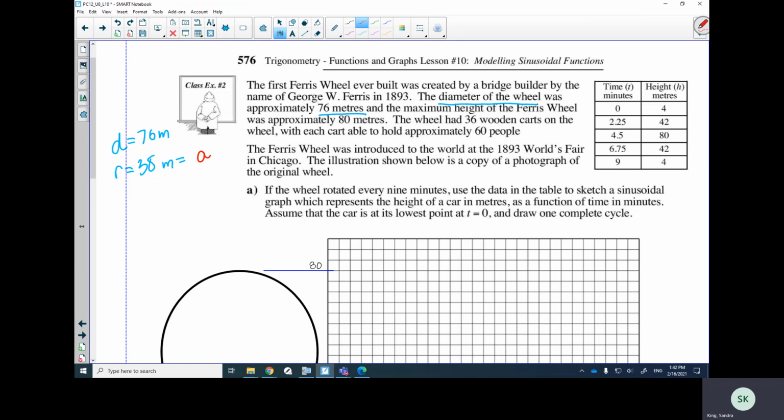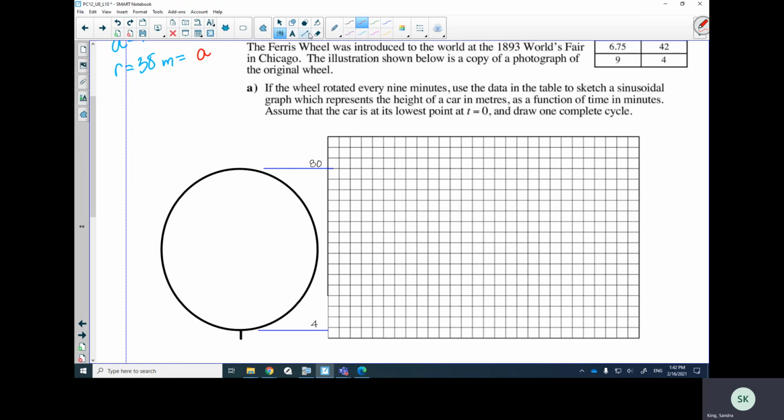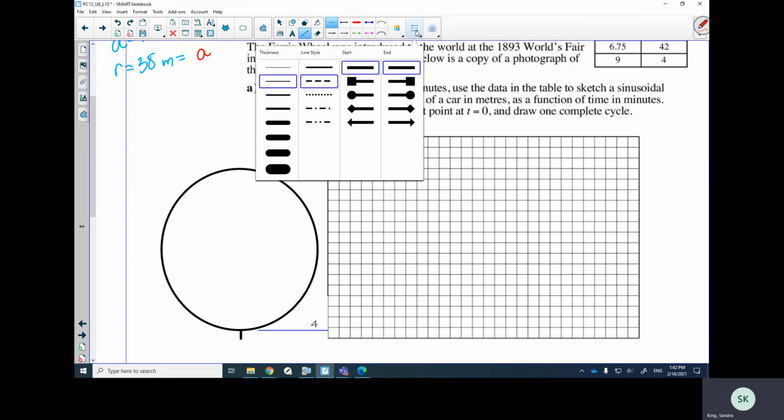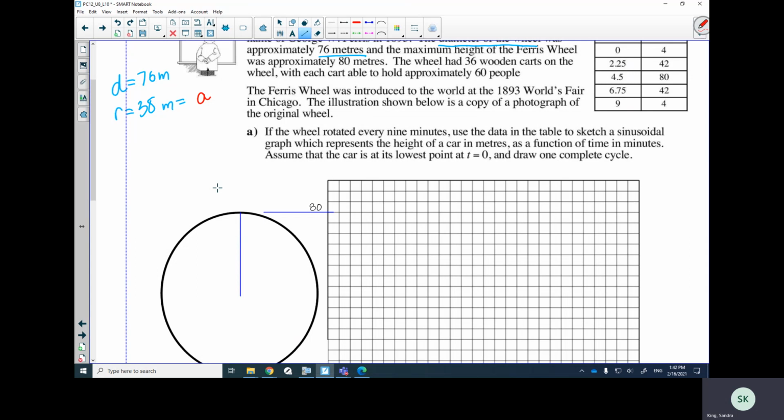So the amplitude of this graph is going to be 38 meters. From the center of this graph, that's 38, this is 38, right? 38 and 38 would be 76, but I've just got the amplitude.